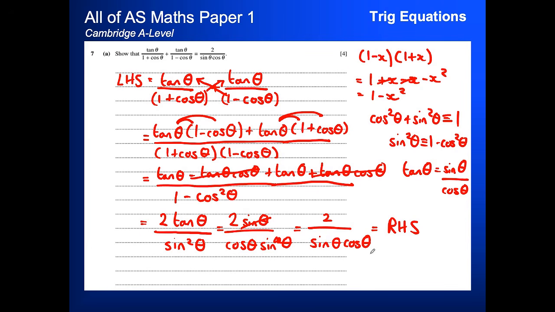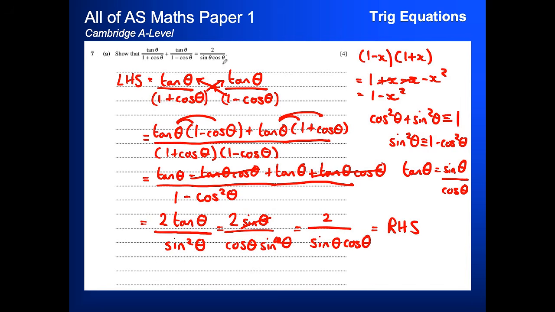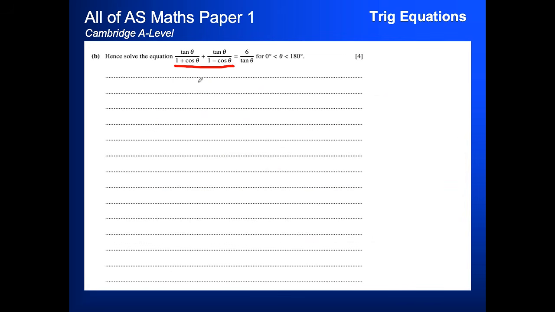And what generally happens in these questions is that they use this identity to then lead into some solving. And this question is no different. So now we need to solve this very complicated looking equation. But now we know that the thing underlined here from what we literally just did is equal to 2 over sine theta cos theta.